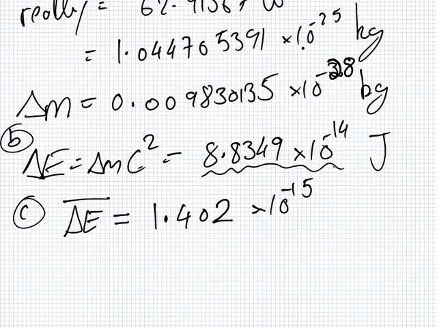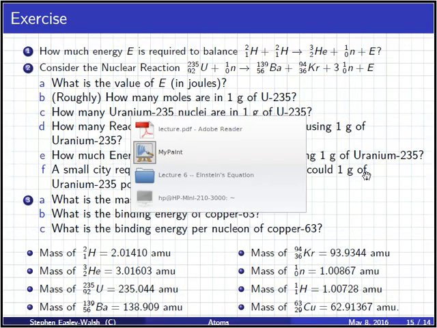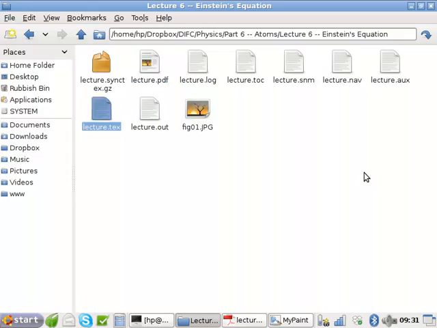Oh yes, the unit, of course. Joules per nucleon, but we'll just write joules. Okay, I think that's it. Good. Right. Okay.